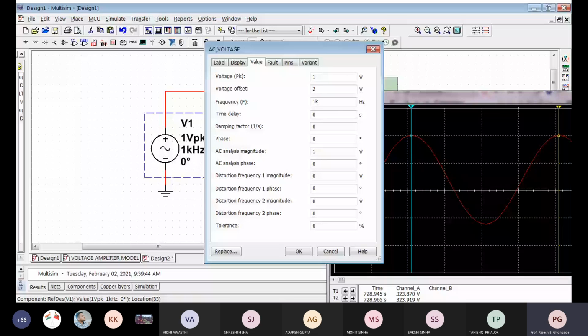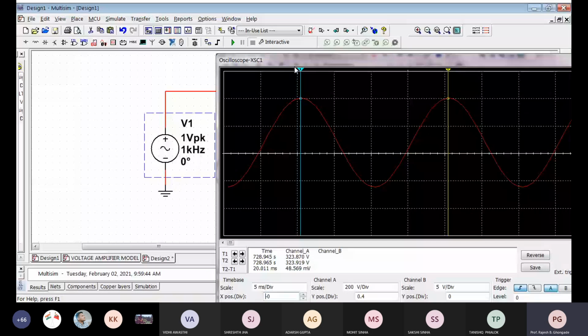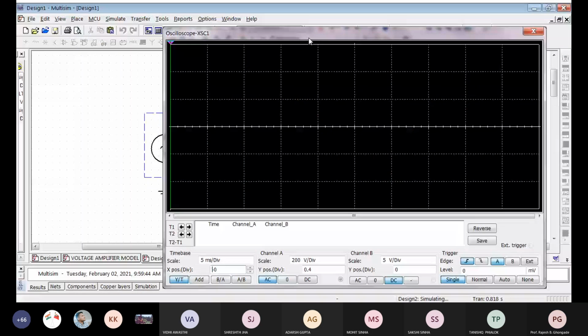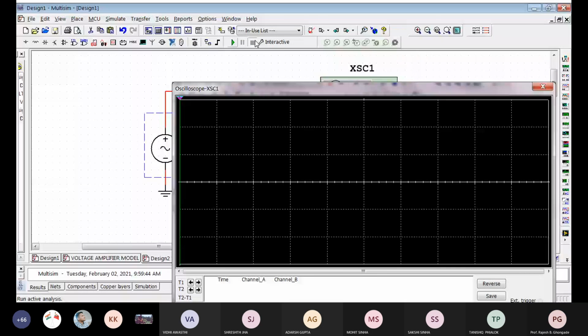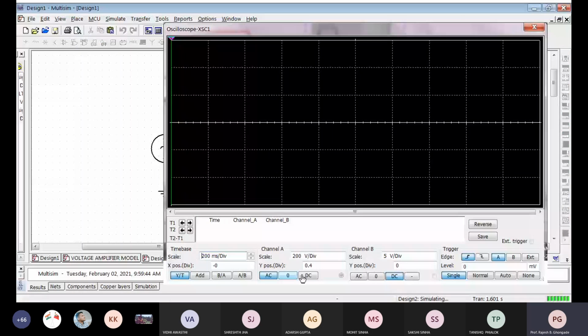Okay. So let us see how it looks when I simulate it. Wait a moment. It's a very small signal. Why is it not happening? Why am I not getting the trace? Just a moment. Let me see what happened.